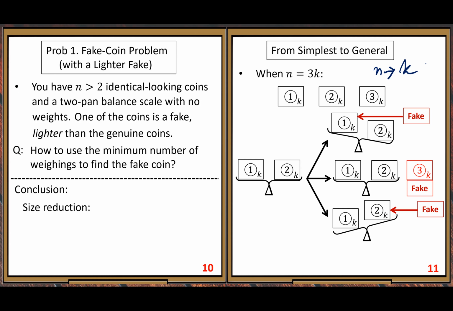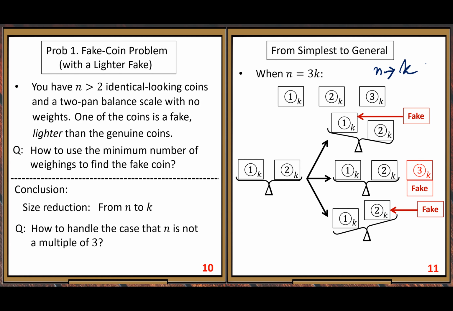The question is how to do the size reduction, but this idea we use all the time, from n to k. How to handle the case that n is not a multiple of 3, with remainder 1 or 2? We solved the remainder 0 case.